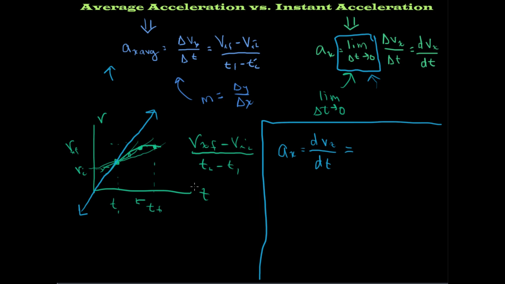Well, v of t, what is the instantaneous velocity? Well, isn't that the derivative of your displacement over time? So if that's the case, we can substitute that in right here, and what we get is this.